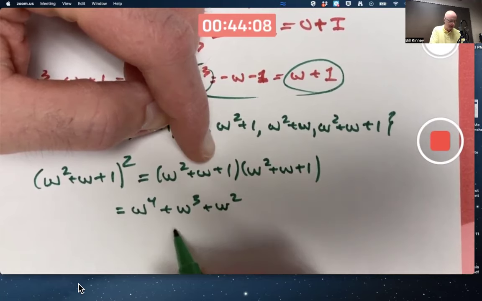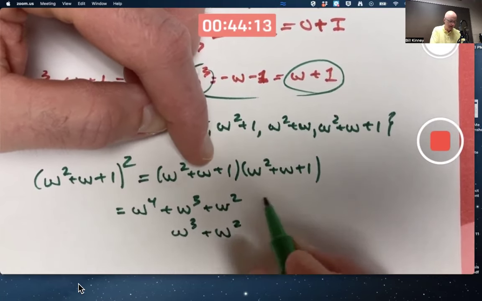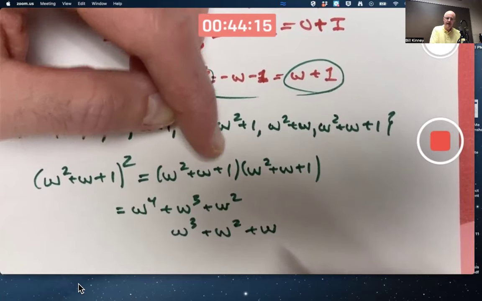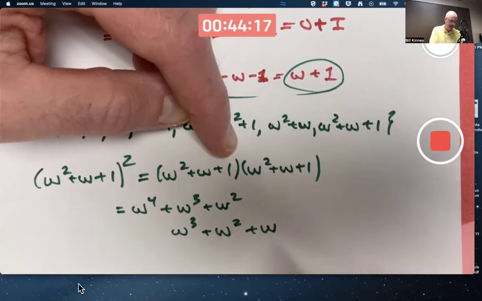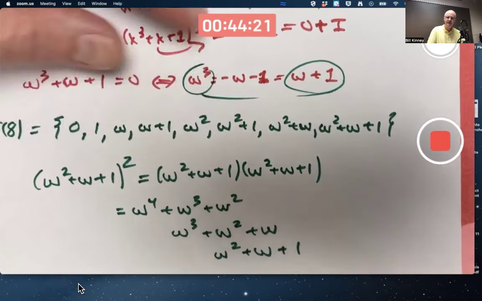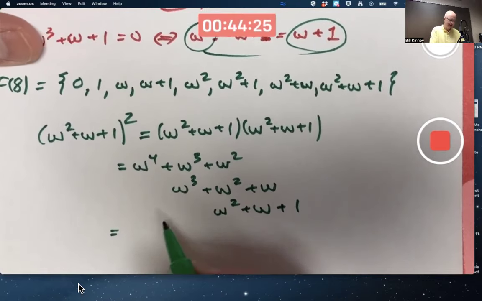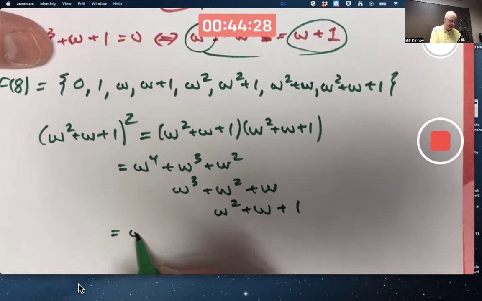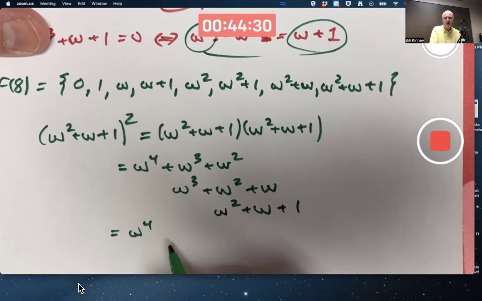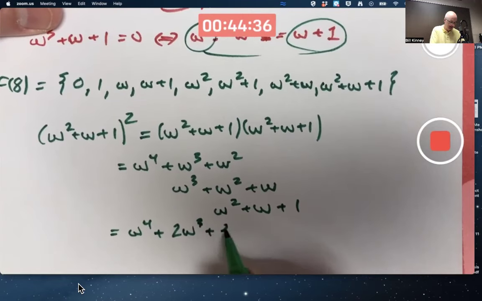Omega times omega squared is omega cubed, times itself is omega squared, times 1 is omega. Then I can go to the 1 and multiply it times every term. And notice how I'm lining these things up. It's kind of nice to line them up so you can add like terms more easily. I could mod by 2 right away, but I also could just go ahead and write the 2's and even a 3.